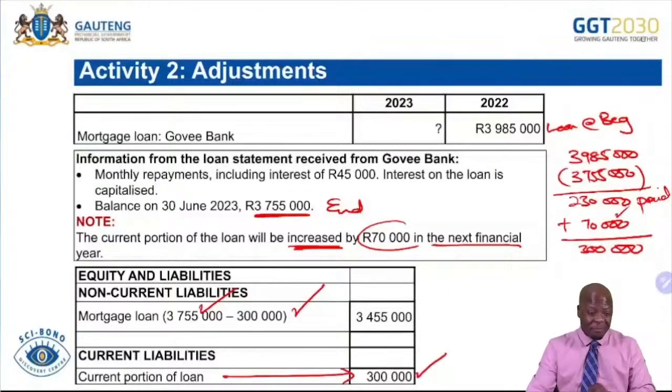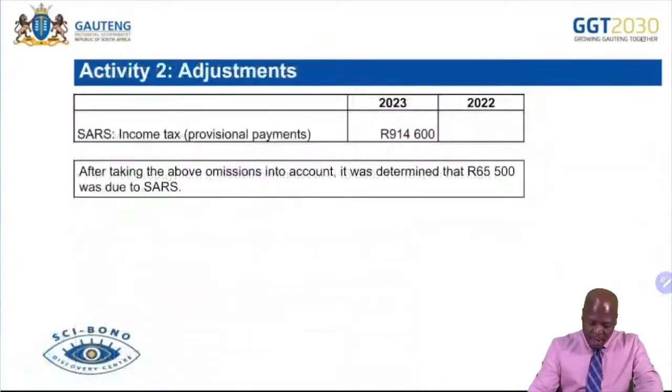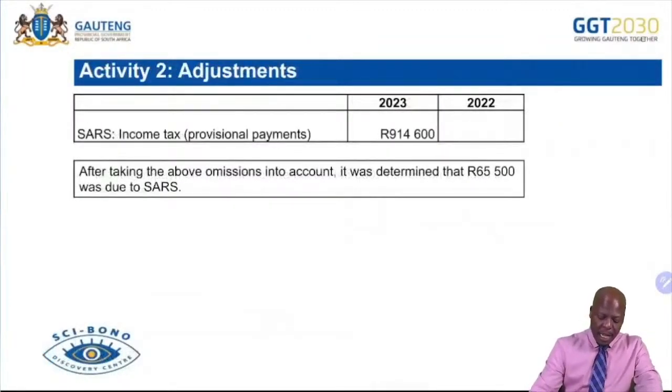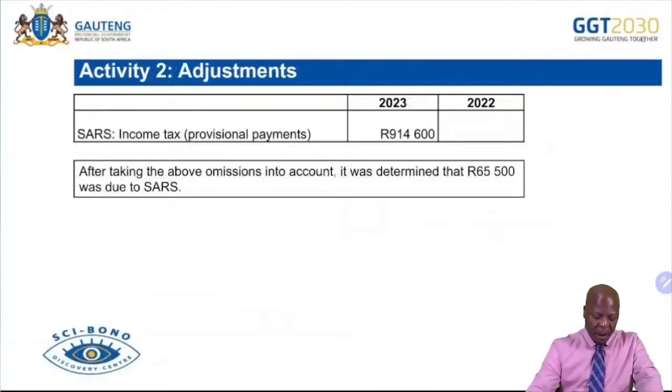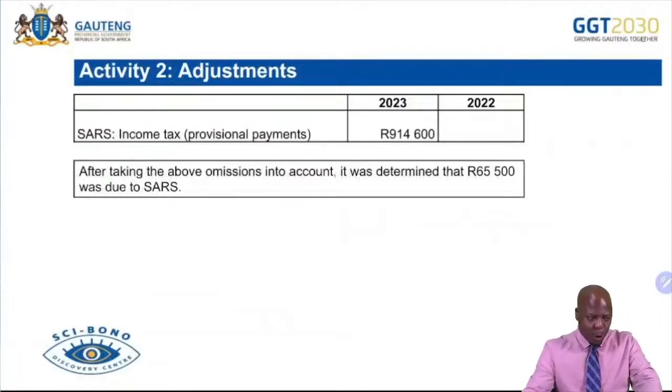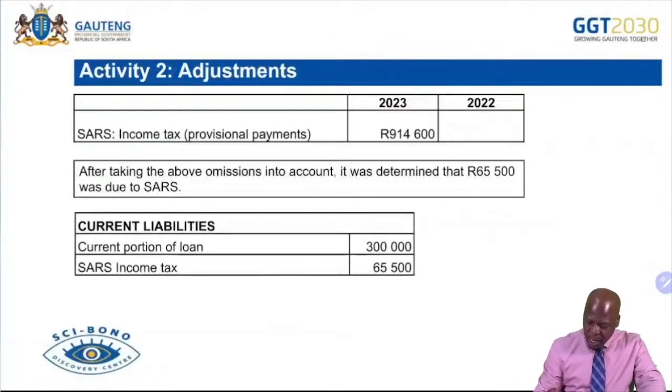Are we still okay? All right. I'm going to move on to the next adjustment. And the next adjustment says, after taking the above omissions into account, it was determined that 65.5 was due to SARS. Okay, so if this was due to SARS, remember we're preparing the statement of financial position, so we're not going to waste time.